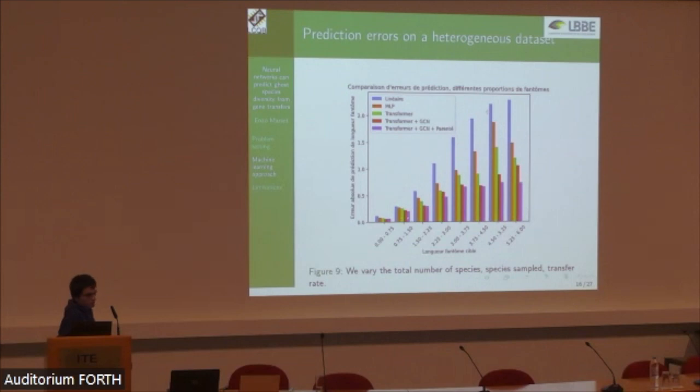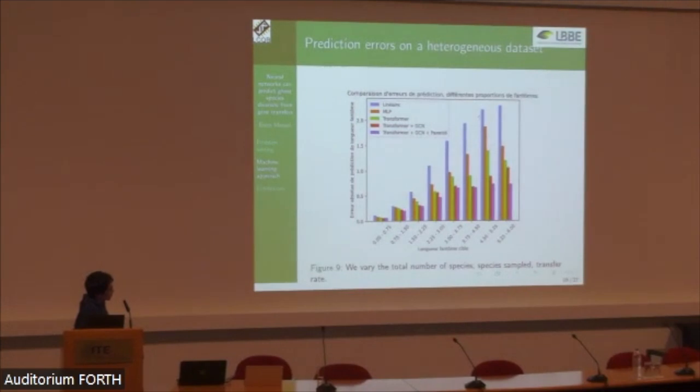They don't take into account the whole structure of the tree. These architectures don't work well because if you only take into account the nodes one by one, you cannot infer parameters such as transfer rates or the number of species in the tree. So you cannot correct your prediction with global parameters of the tree, which would be useful.